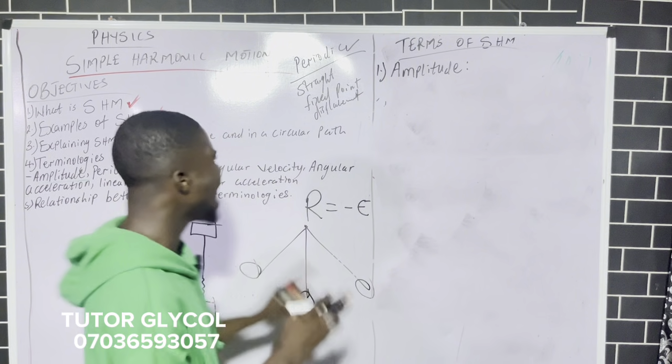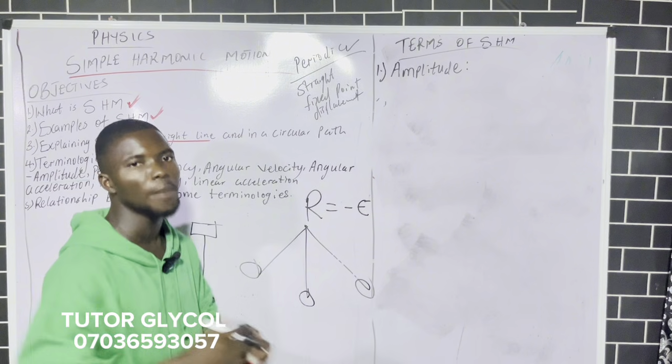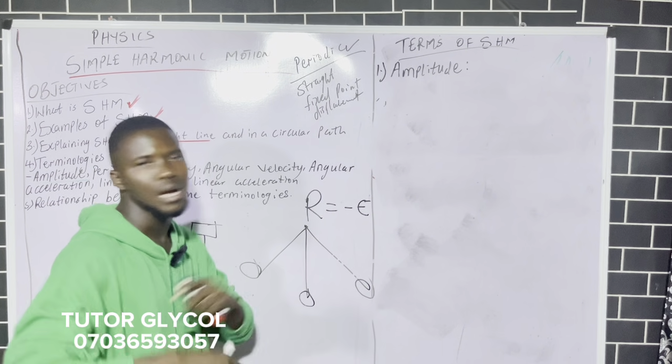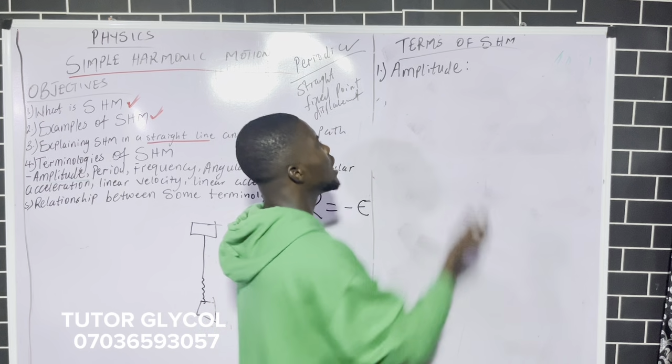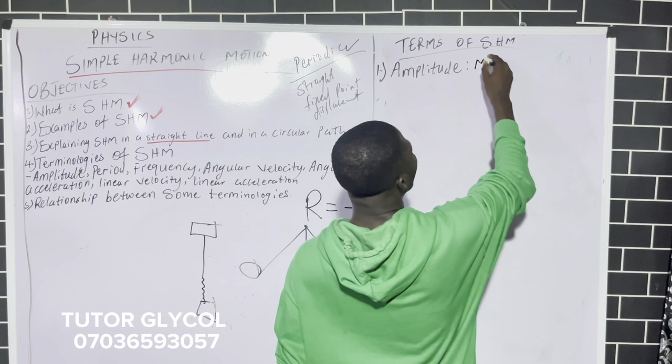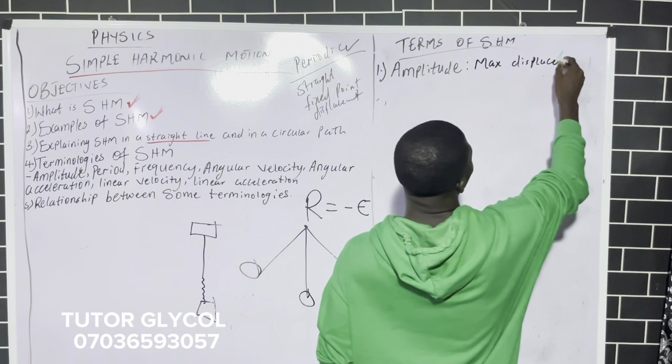Like I said, the emphasis of part 1 of this video is to expose the secret to you. Then part 2 will solve questions and touch other parts that we could not touch in part 1. Okay, what is amplitude? Amplitude is simply the maximum displacement by the object.